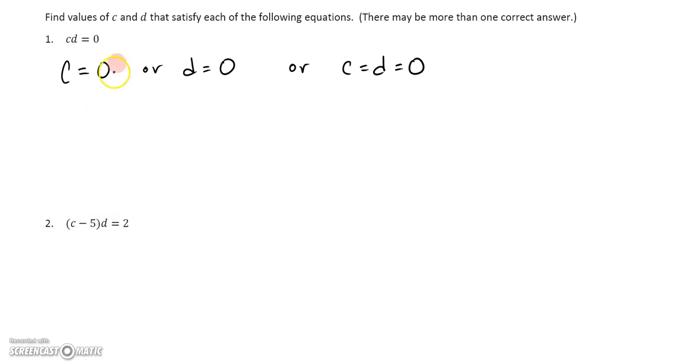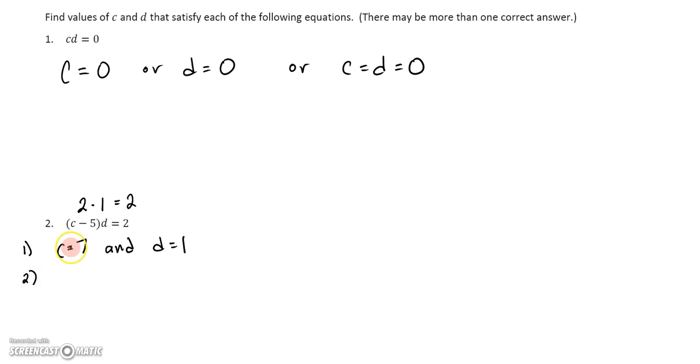Well, I don't know, we could have 2 times 1, and that would equal 2, right? So how could we make this equal to 2? Well, if c minus 5 was 2, if c was 7, and d could just be 1, doesn't that get us 2? Okay, so that's one way.